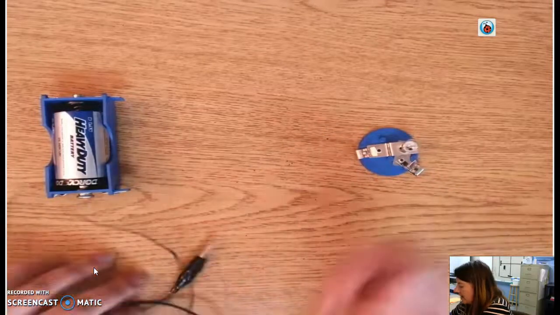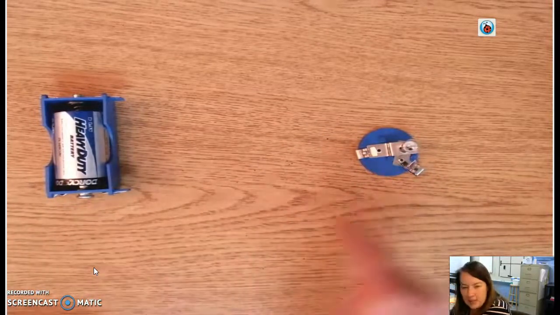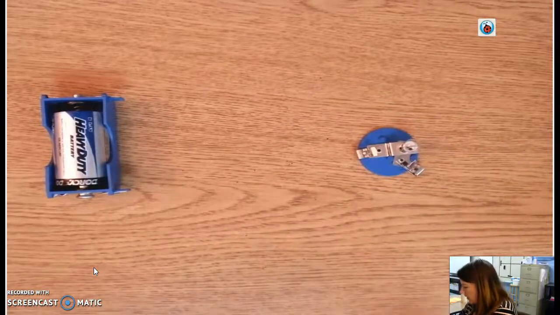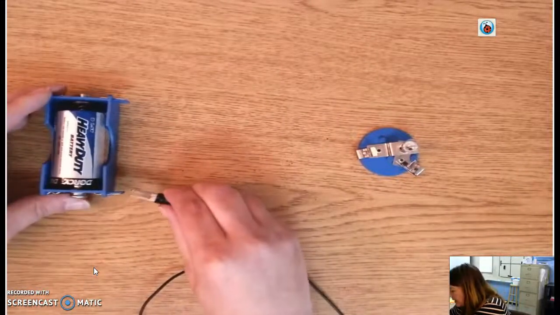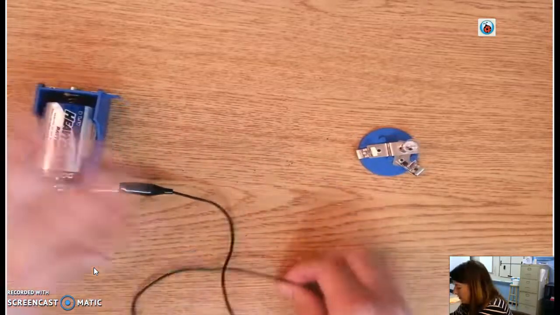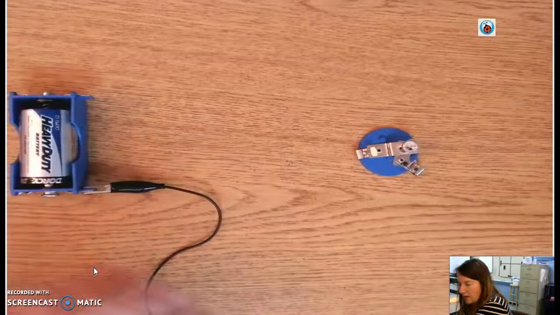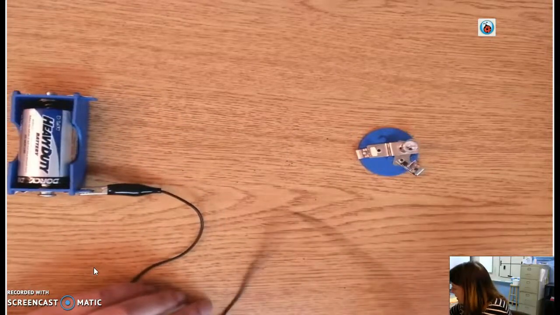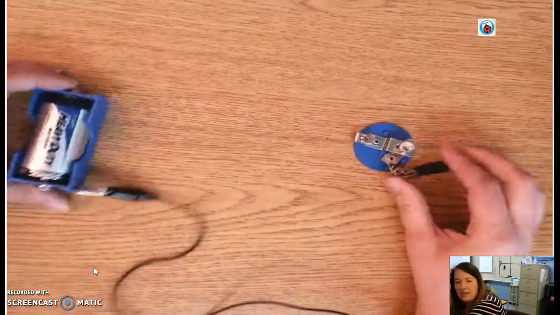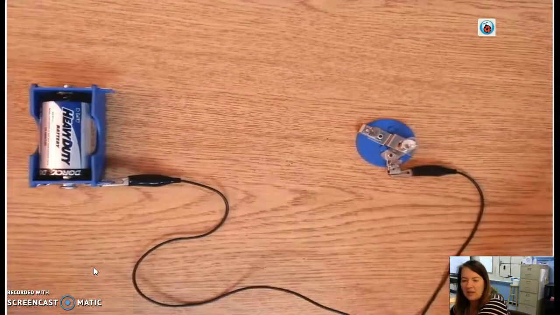Well, right now, I don't even have a circuit at all. These are not connected. Remember, I want to be able to go around and around in order for this to work. So I'm going to use my wires. I'm going to connect from my battery to the light bulb. So here we go. I'm going to connect this end over to the light bulb. Okay. Notice nothing happened yet, right?